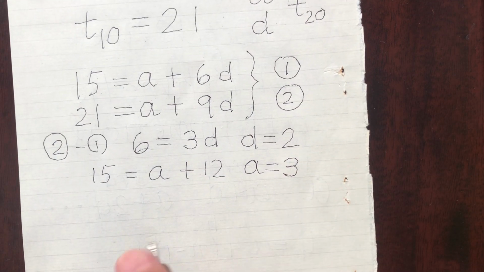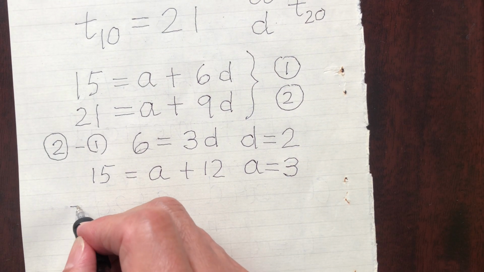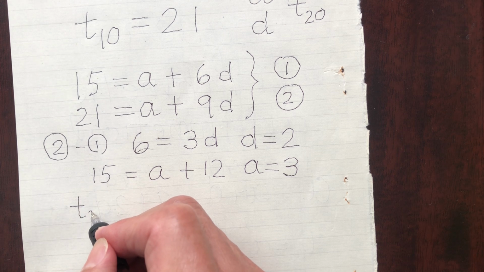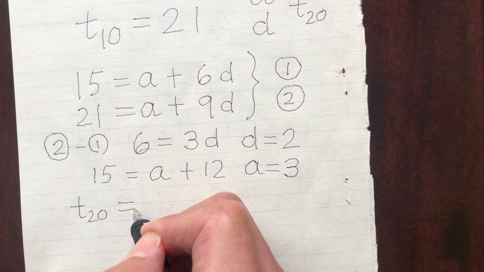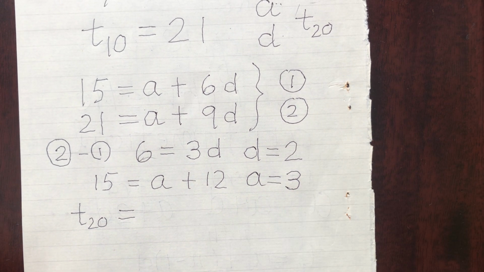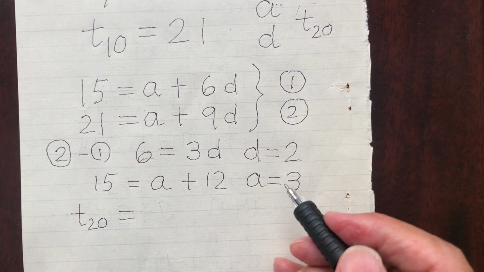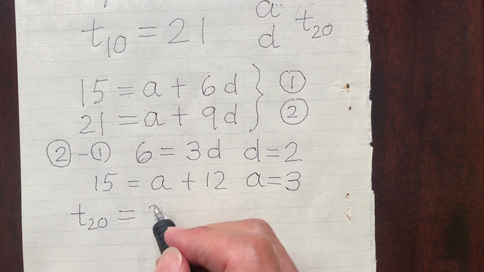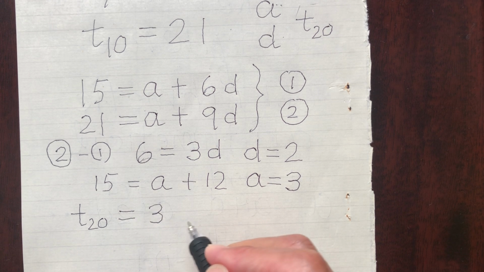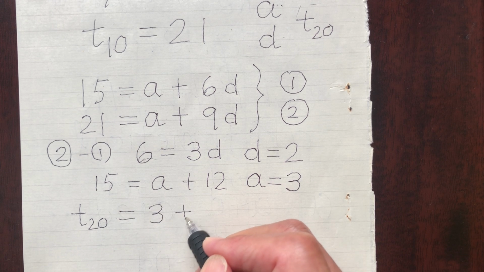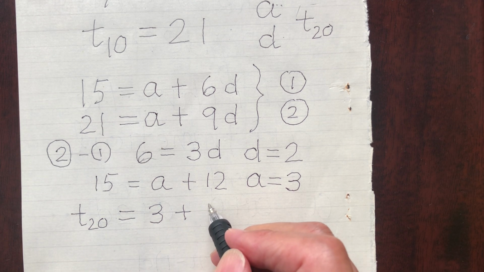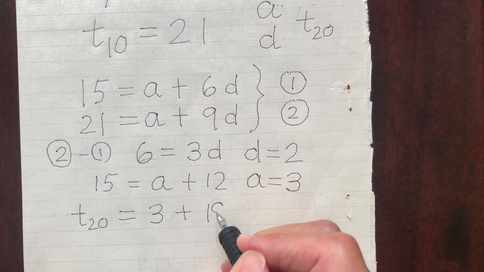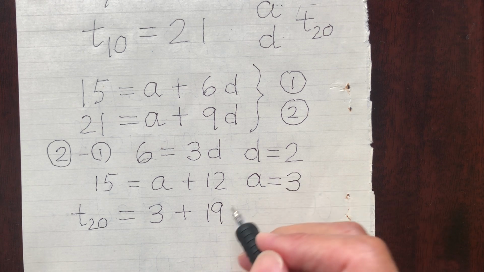Then I use the formula, of course. So T20 is the first term, A, I have it already, it's 3. So I have 3 plus n minus 1. 20 minus 1 is 19. Times D. D is 2.